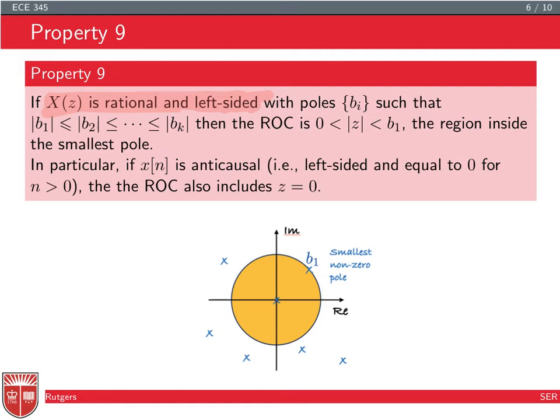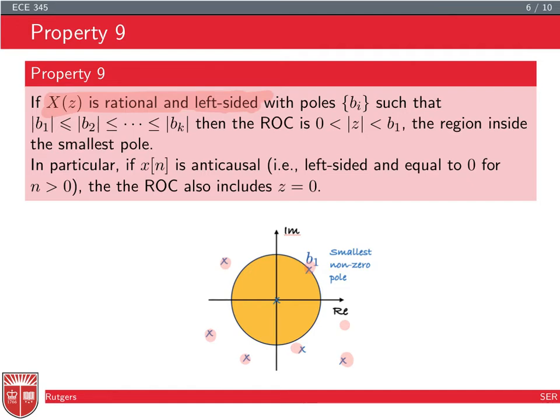So you can see in the figure here, you plot all the poles, and you can see that this pole is the one that has the smallest non-zero magnitude, and the ROC is going to be the interior of this pole.